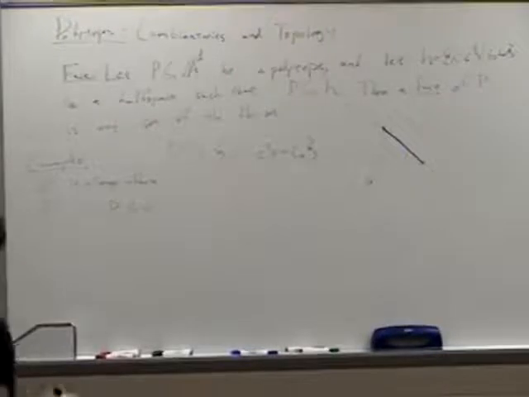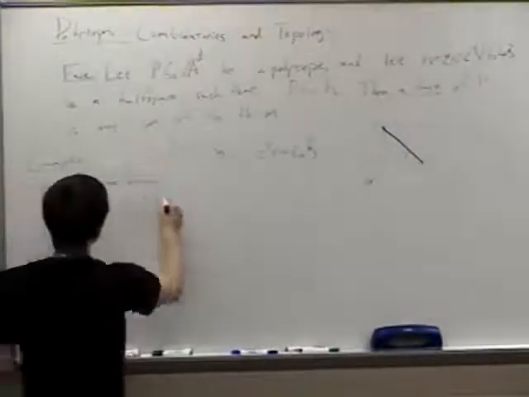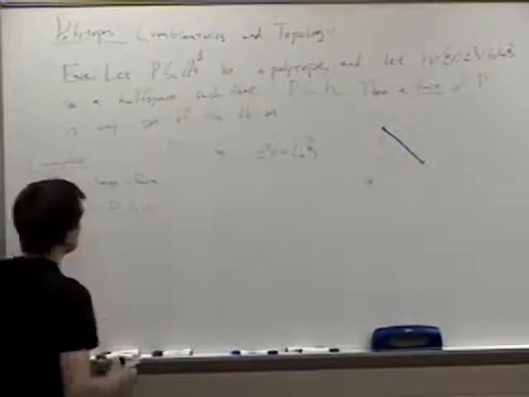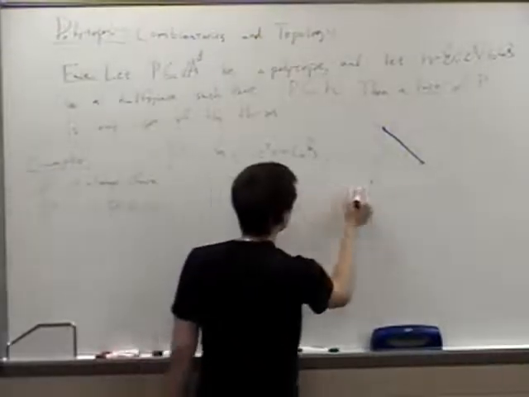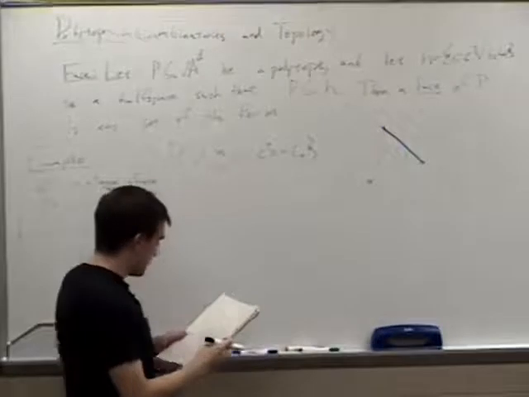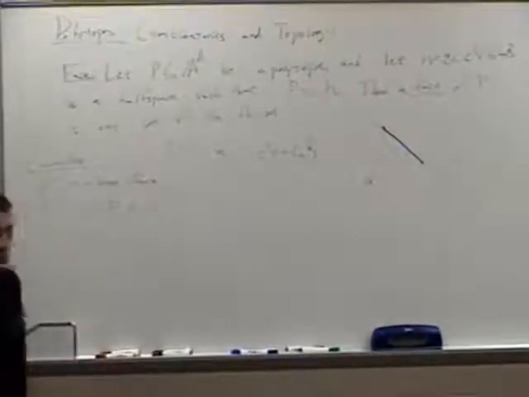Right. And more generally, if we have any face, then the dimension of this face is just going to be the dimension of its affine hull, in the same way that we can define a dimension for a polytope.